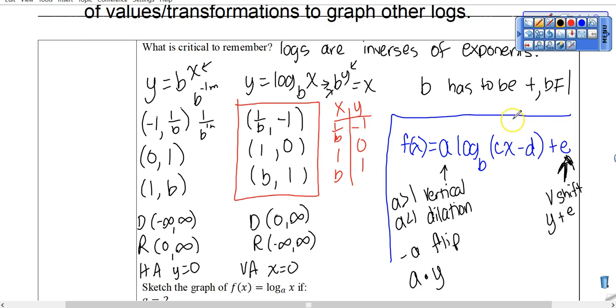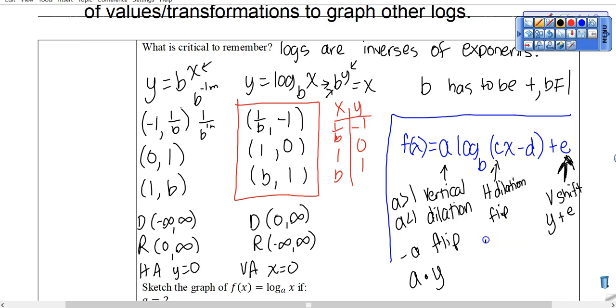Inside, with the x, c represents what? It's horizontal because it's grouped with the x. So it's a dilation or it's a flip, right? But always remember to do the opposite, right?